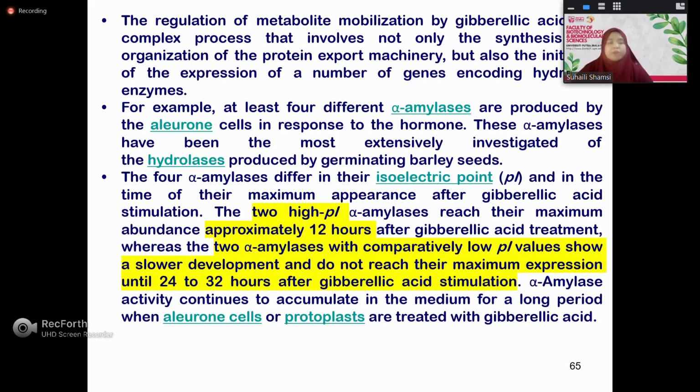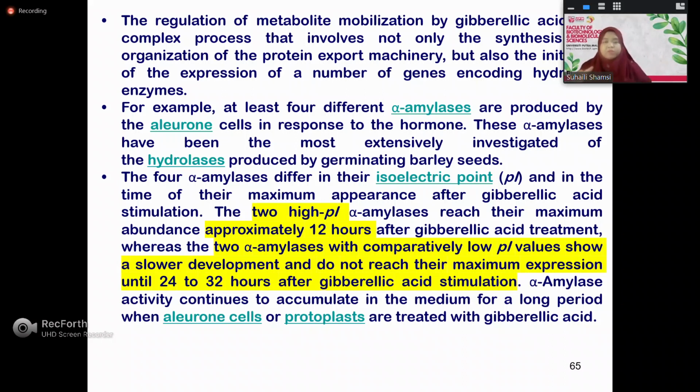Okay, so when external or exogenous gibberellic acid is introduced to the barley seed, it would induce the expression of genes involved in forming four types of alpha amylases. And these four types of alpha amylases differ in terms of isoelectric point.